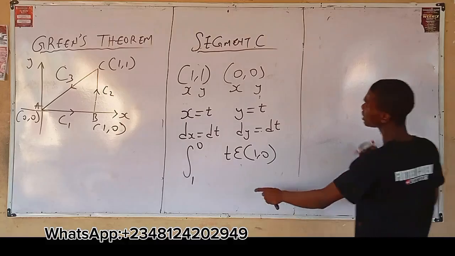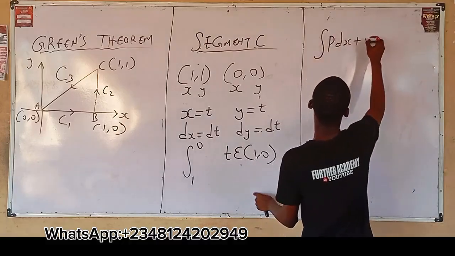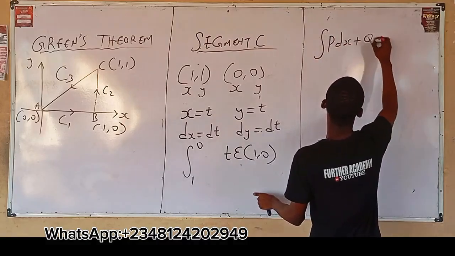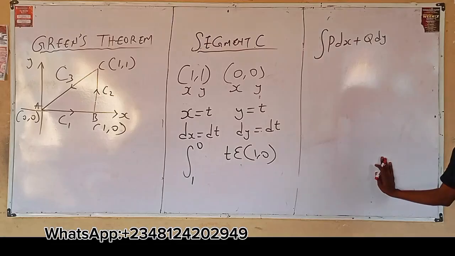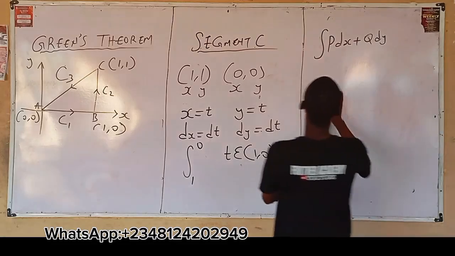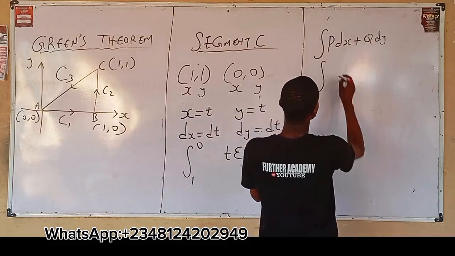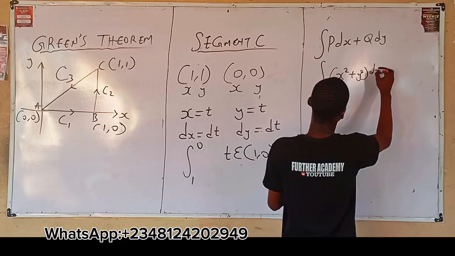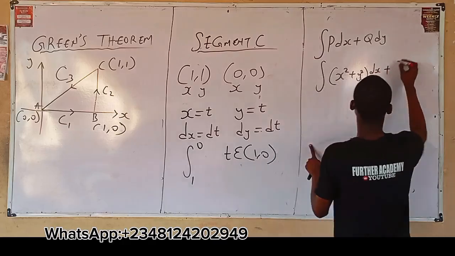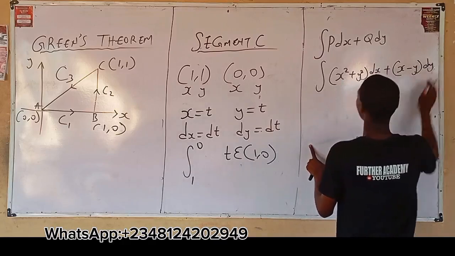Now, applying your line integral formula, meaning the integral of p dx plus q dy, as we know that p and q are functions here. You have the integral of (x squared plus y squared) dx plus (x minus y) dy.